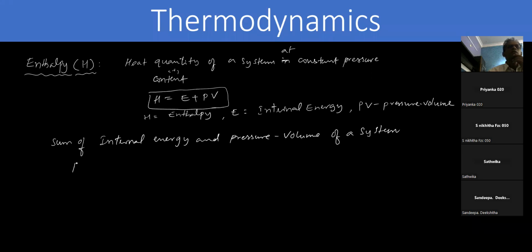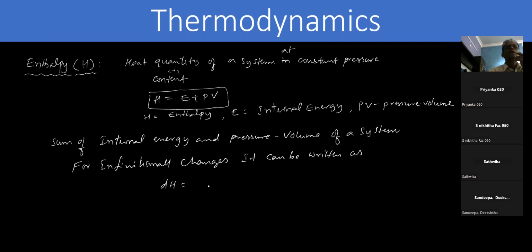For infinitesimal changes, it can be written as dH equals dE plus PdV.